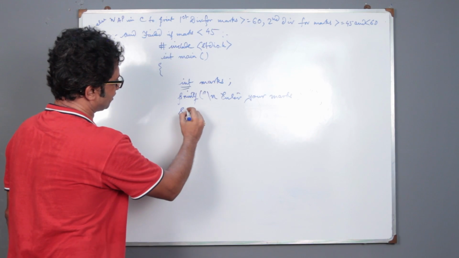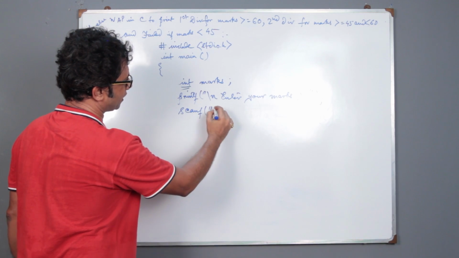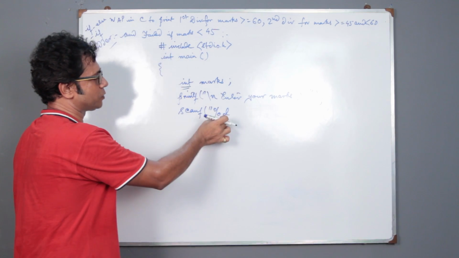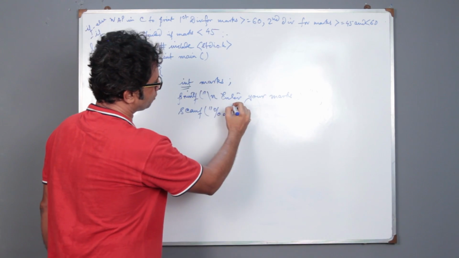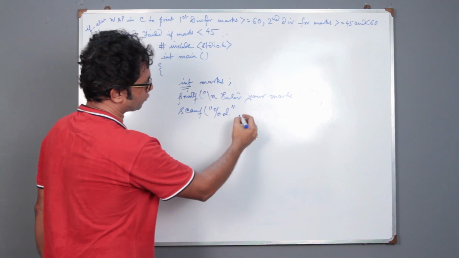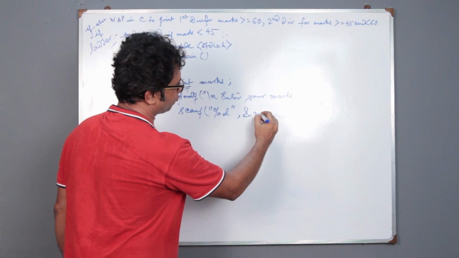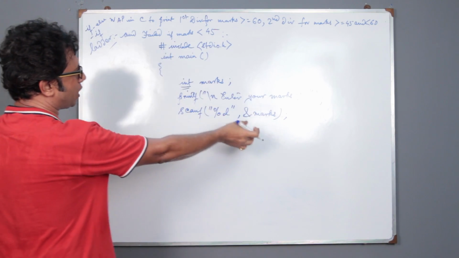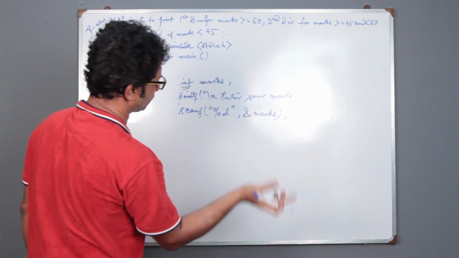The input is given by the user by this scanf statement, which you are familiar with from the previous class. So scanf %d, this %d is the format specifier for the integer data type. So %d in double inverted commas, then ampersand marks, that is the address of the marks. By this statement, the marks will get a value from the user, that is from the keyboard.